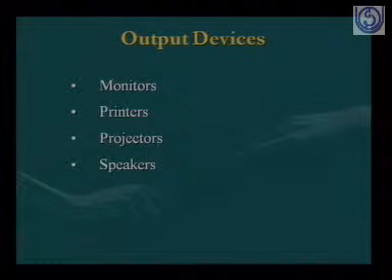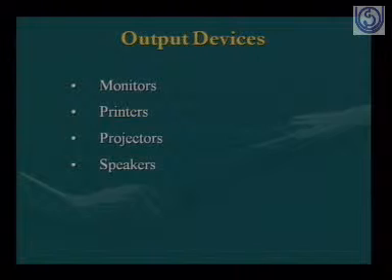So output devices can be monitors, printers, projectors and speakers. These monitors, whatever the results that are produced with the help of processing unit are shown in the monitor. So from there we can see. Then the printers are the ones which help you to take the output in the form of printouts.